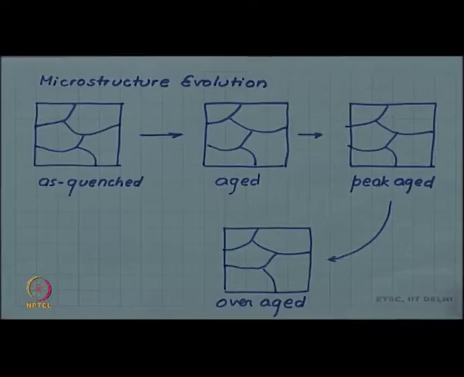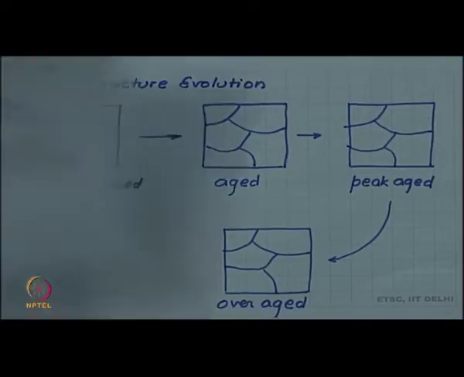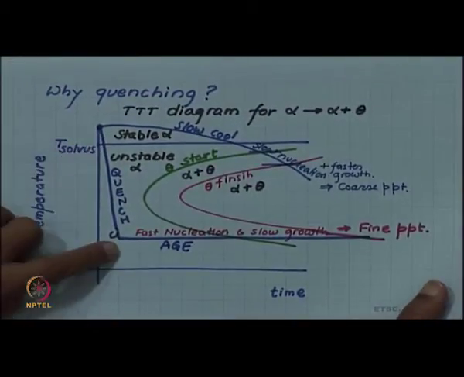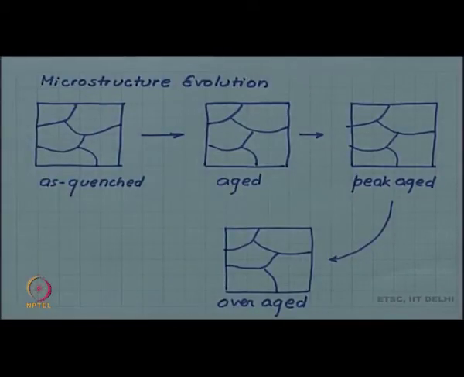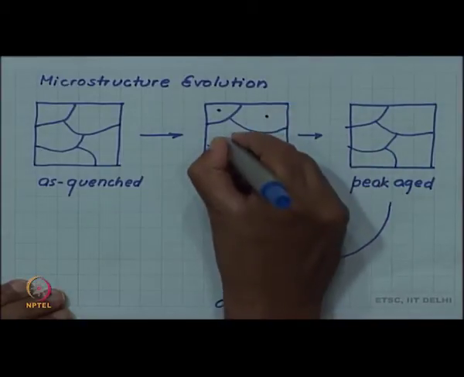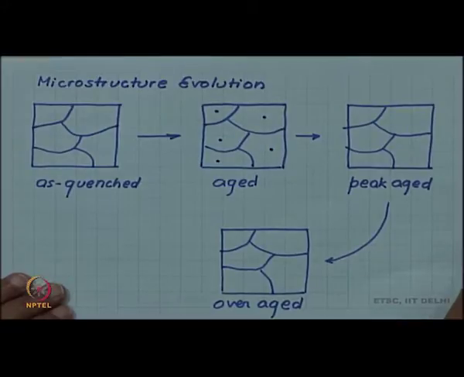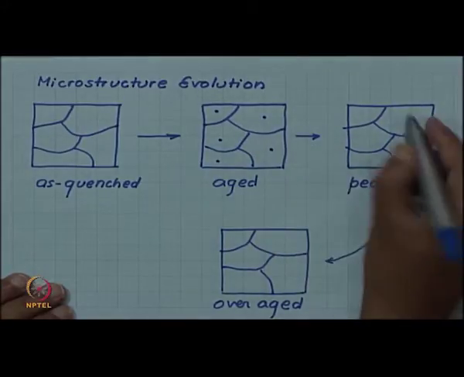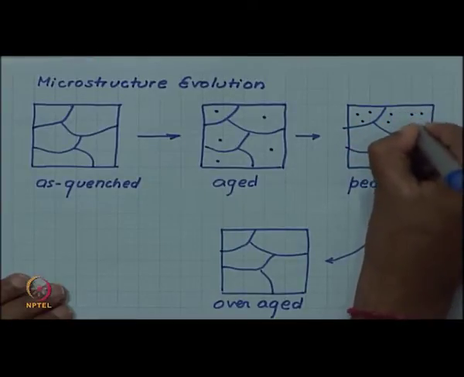Let us look at pictorially the evolution of the microstructure. So, in as quenched, as soon as you quenched it, you have a single phase alpha, no precipitate has formed. But then as you age, alpha precipitate will start forming. As aging continues, you will have more precipitates forming.